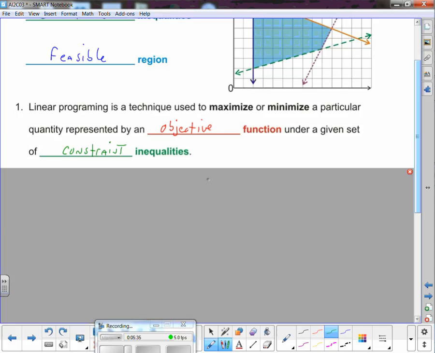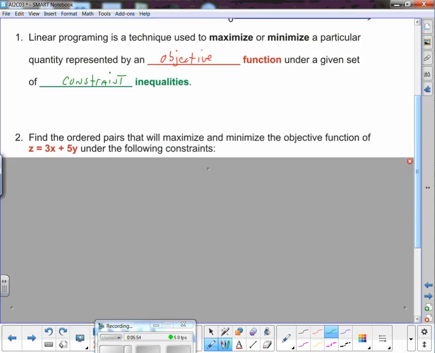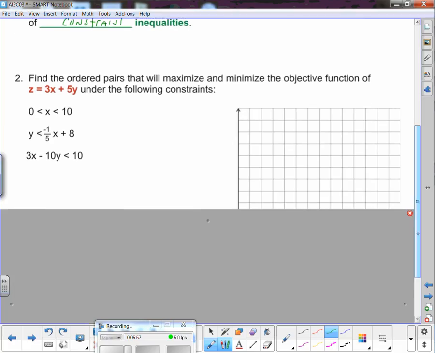They'll probably still give you the objective function. You determine the constraint inequalities. Sometimes you determine the objective function. From that, then, you're able to figure out how to maximize or minimize. So let me give you the overall concept, and then we'll talk a little bit more about it. So here's a real simplistic example.